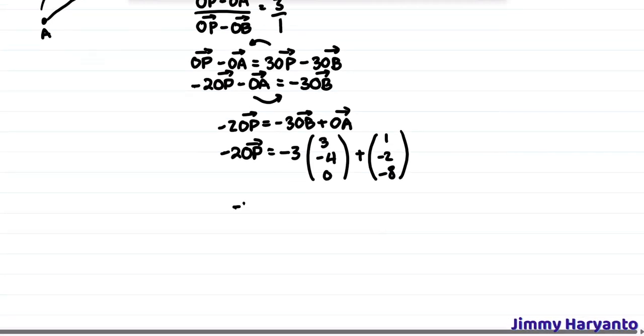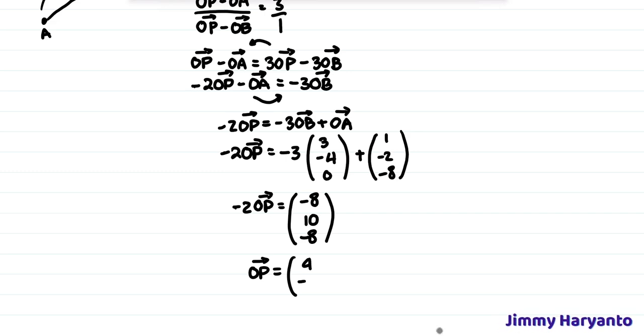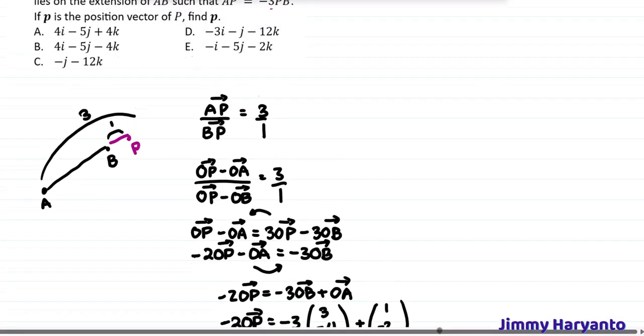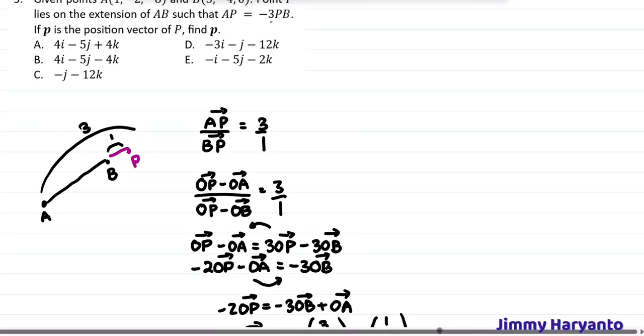Then negative 2OP equals (negative 9 plus 1, 12 minus 2, negative 8), and then you divide them all by negative 2. You'll have (4, negative 5, 4). There you go. (4, negative 5, 4) is A.